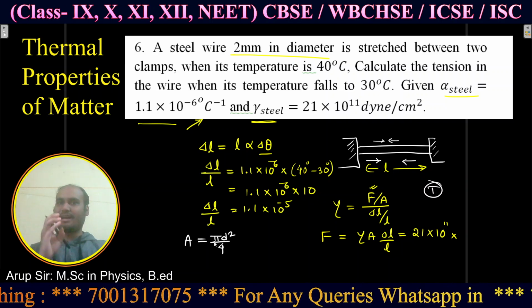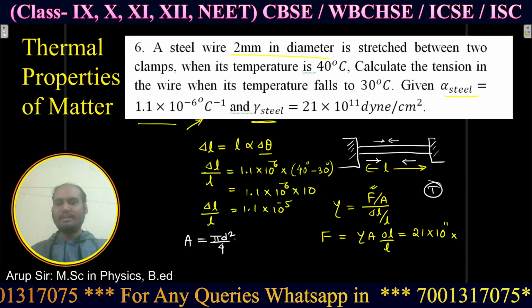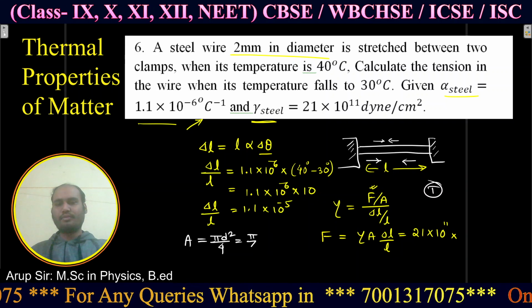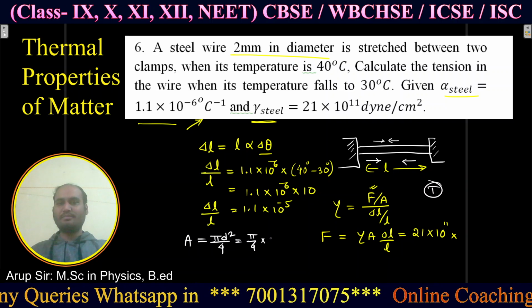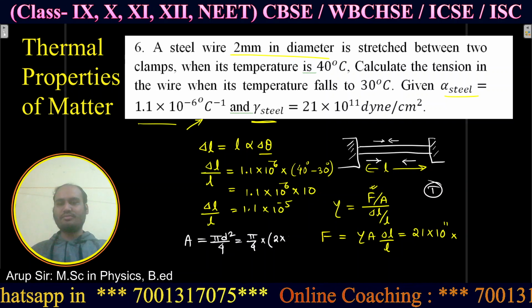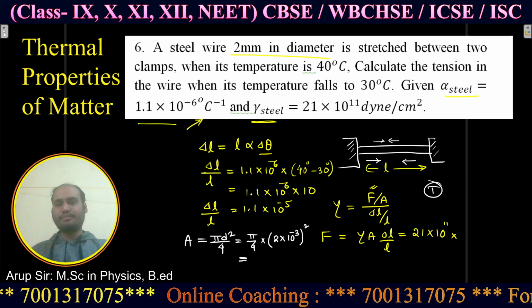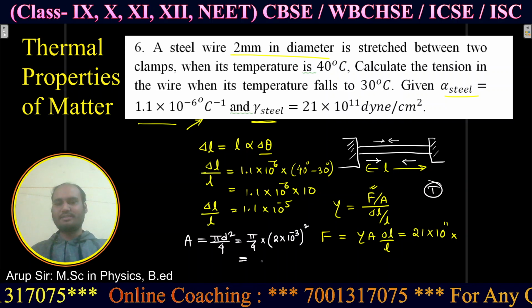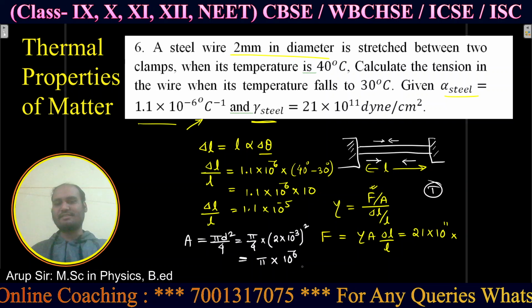Need to remember, it is in millimeter unit. So 2 millimeter means 2 into 10 to the power minus 3 meter, whole square. The 4 will cancel because 2 square is 4, and finally we get area as pi into 10 to the power minus 6.